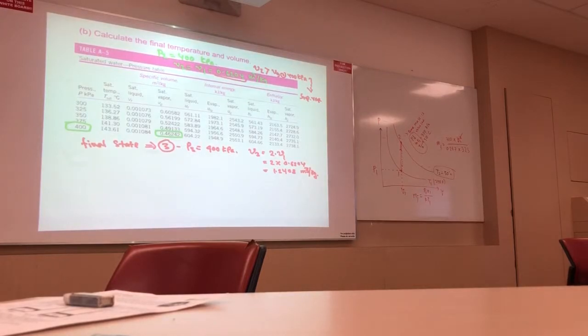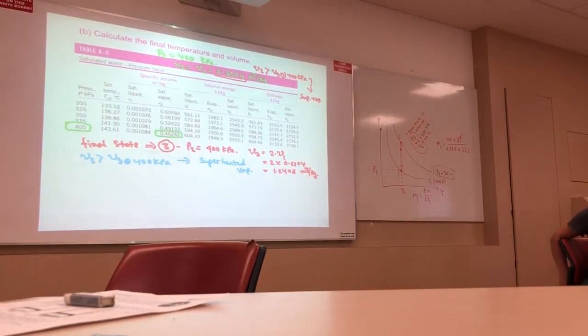Alright, so what can we understand? We understand that V3 is also higher than Vg at 400 kilopascal. So the state is superheated vapor. Now how can you calculate the temperature?